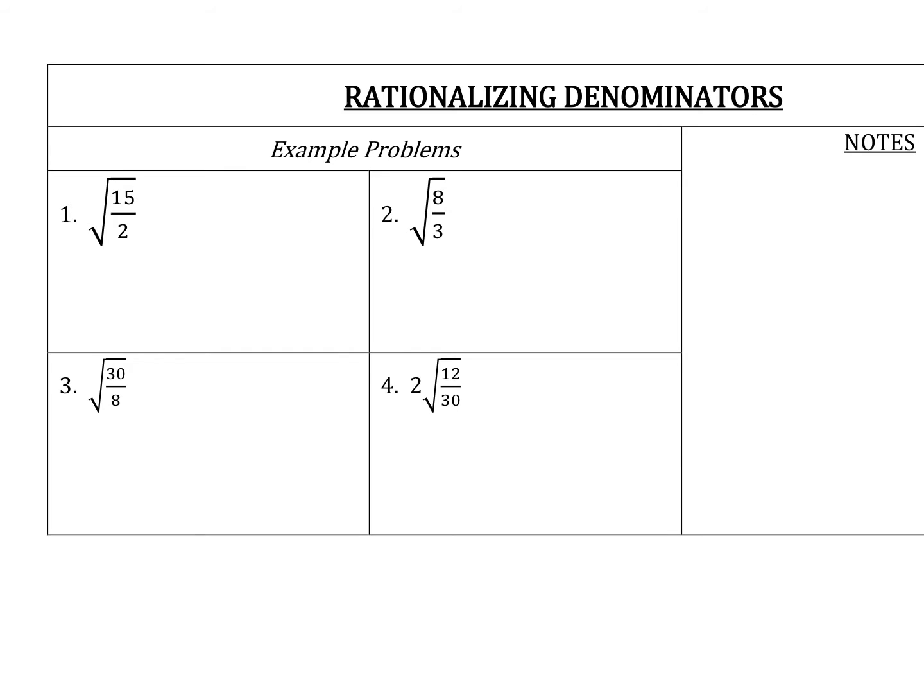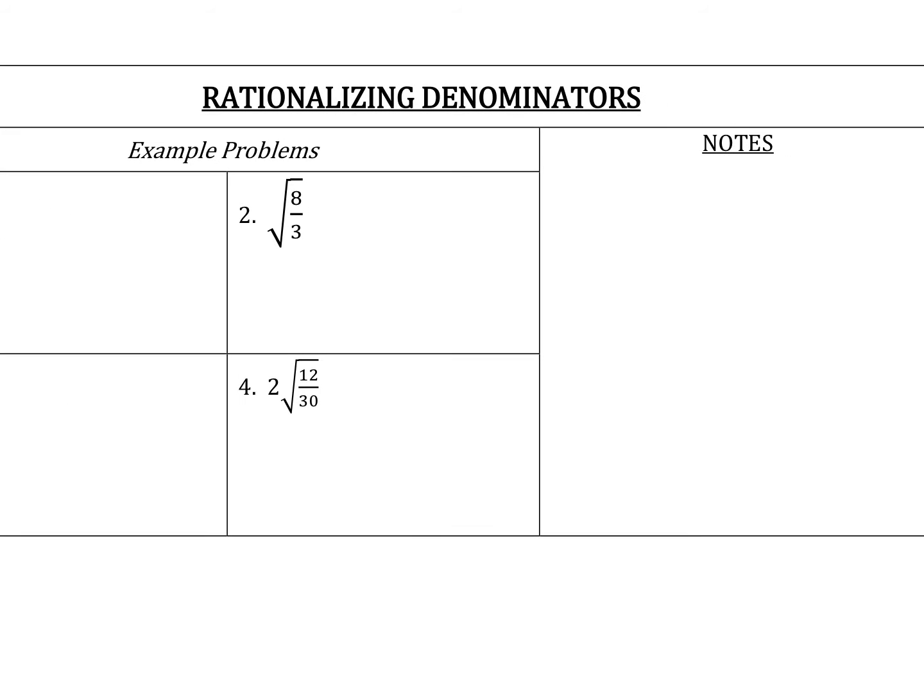So the rule I'm talking about, we'll write it over here in the notes section. The rule says that the denominator of a fraction, remember, denominator is the bottom number, may not contain any irrational numbers.